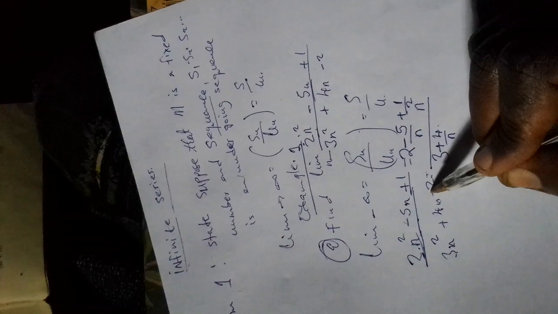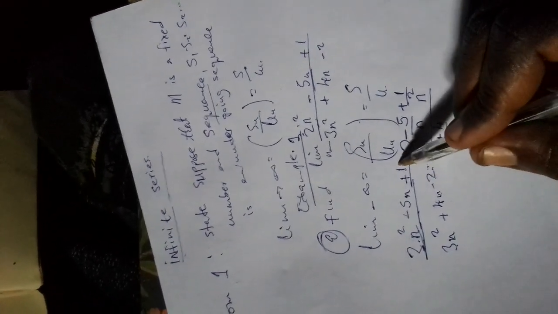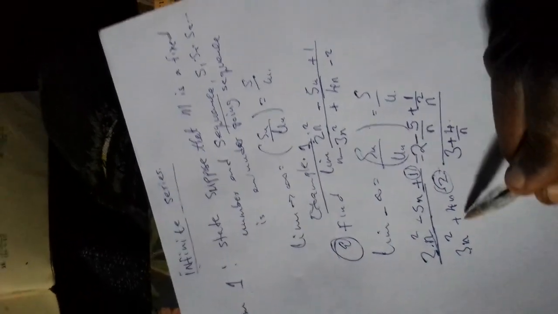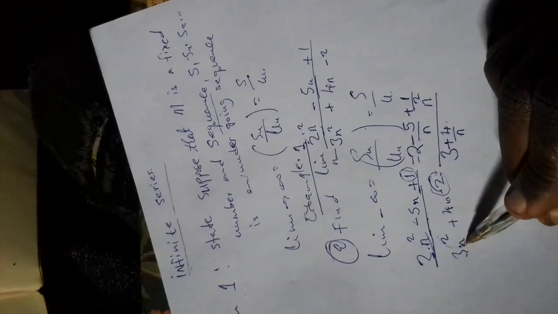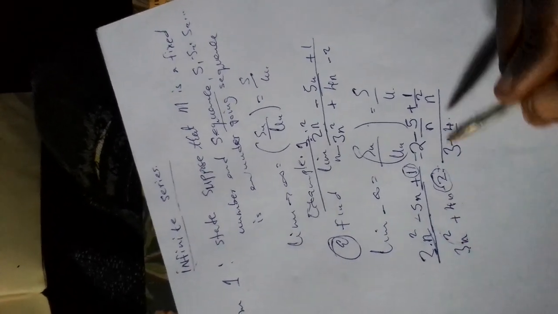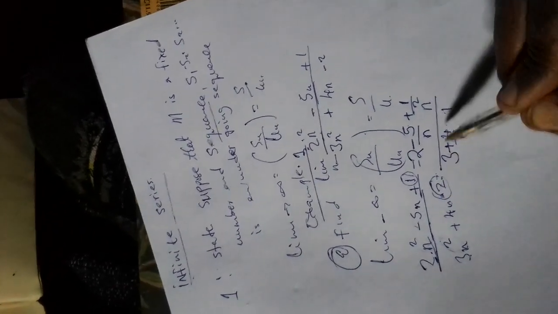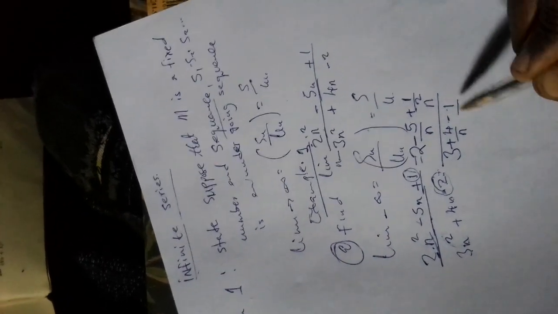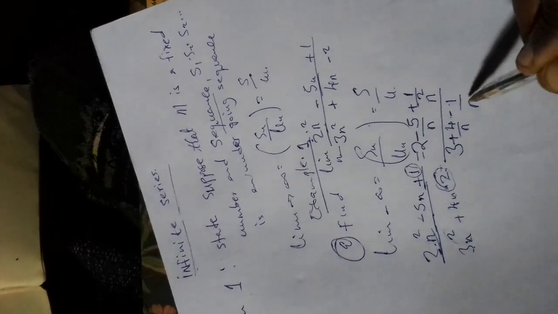This negative 2 is a constant number, so we forget them, we throw them away. We remain with this one. The coefficient of this n squared is 1, so you write 1. The sign is negative, don't forget to write the sign. Then you write this n squared down here.